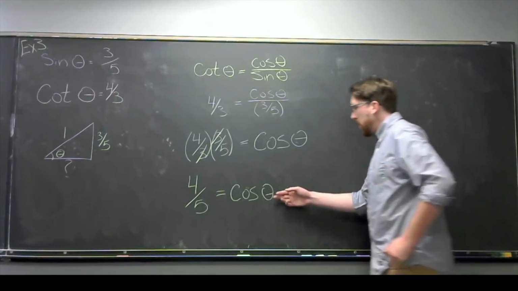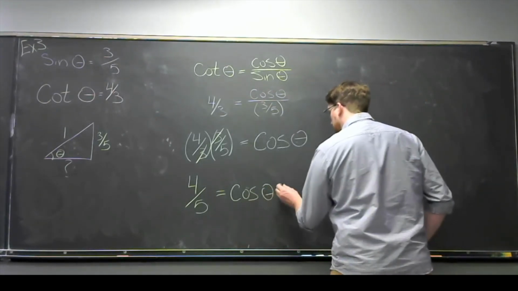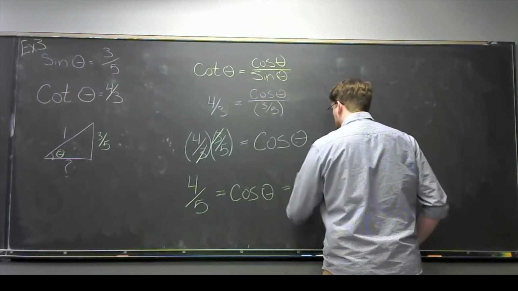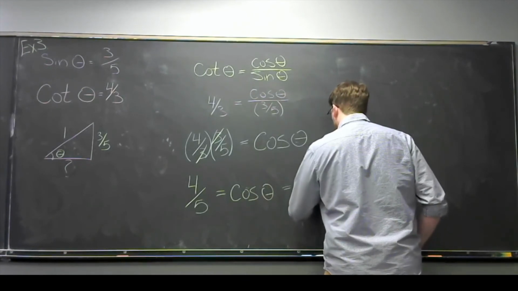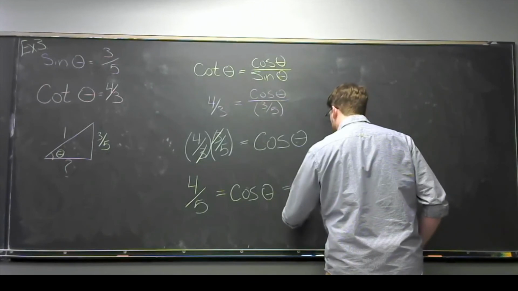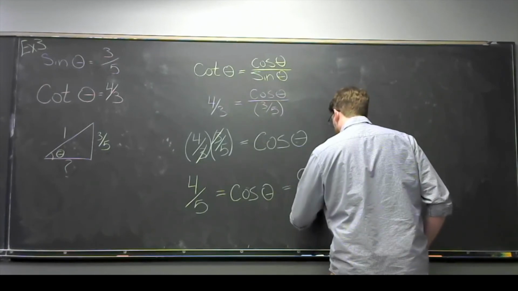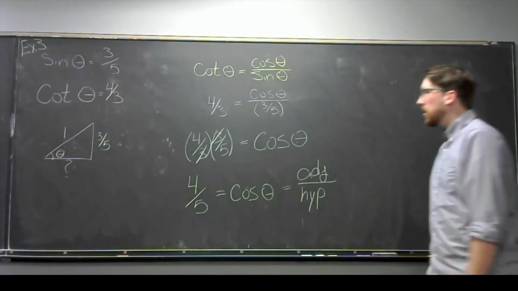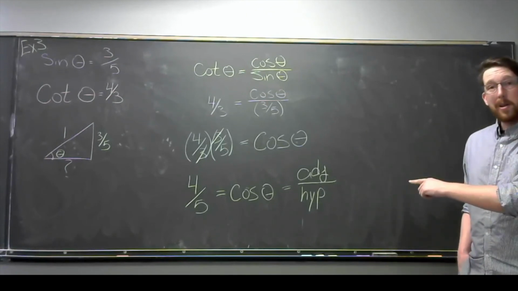Well, we know that cosine is equal to the adjacent leg divided by the hypotenuse. And we know the hypotenuse is 1.